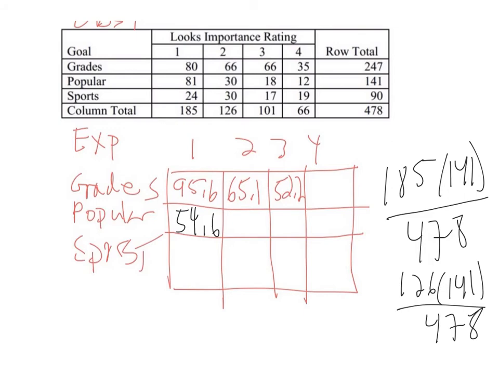I'm getting 37.2. And so on and so forth, right? We'll take 101 times 141 divided by 478, and 66 times 141 divided by 478. And for this last row, we're in column 1. We're going to take row 3, so 185 times 90 divided by 478 gives me this.